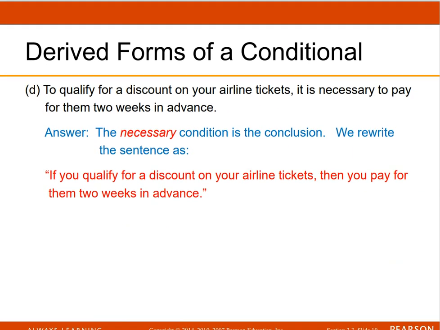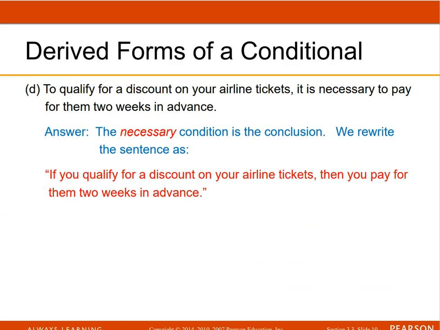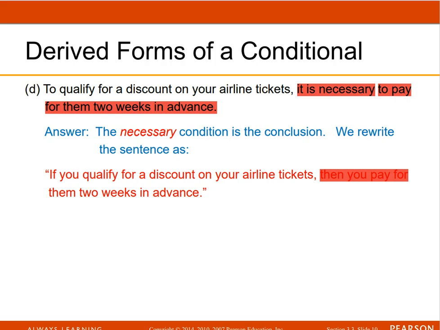All right. And then there's one more example. D, to qualify for a discount on your airline tickets, it is necessary to pay for them 2 weeks in advance. The it is necessary goes with to pay for them 2 weeks in advance.